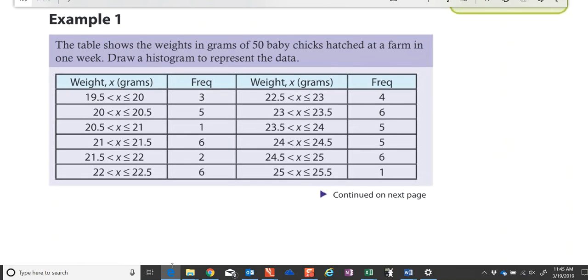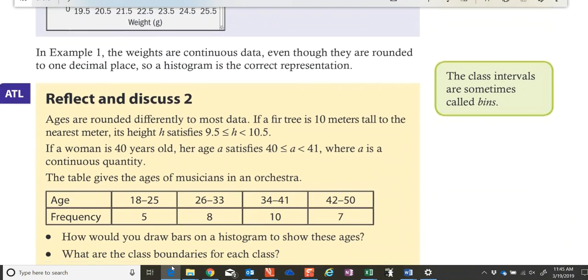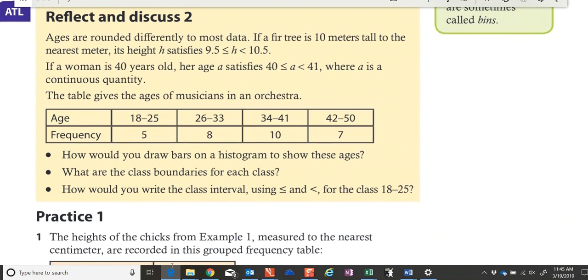So this one was heights of chicks, and we've got 19.5 to 20, 22.5, because you can round up and down on that one. But age, we don't do that with age, do we? So we are 18 to 25, but actually we're still 25 all the way up to 26. So it looks discrete, but there's an obvious way of filling those gaps.